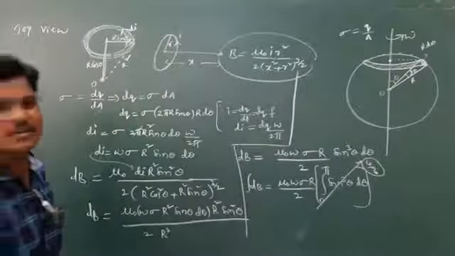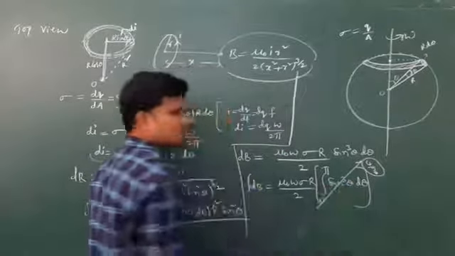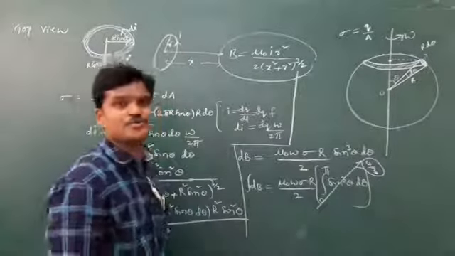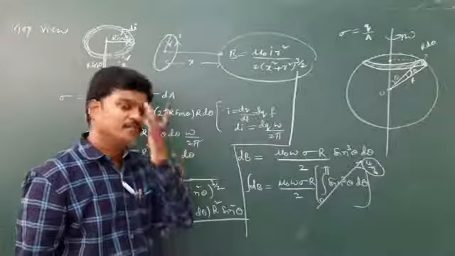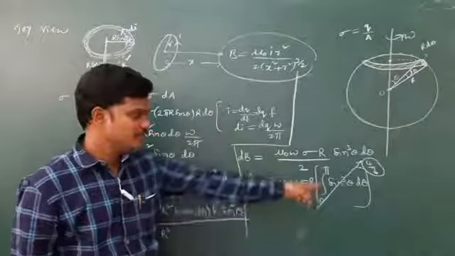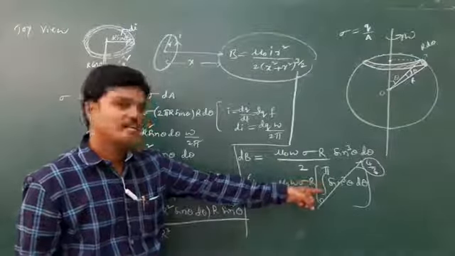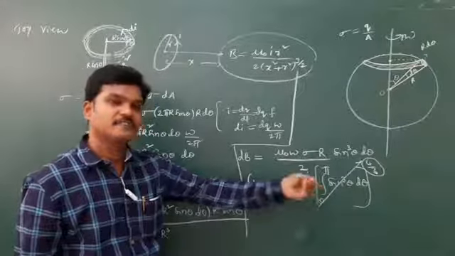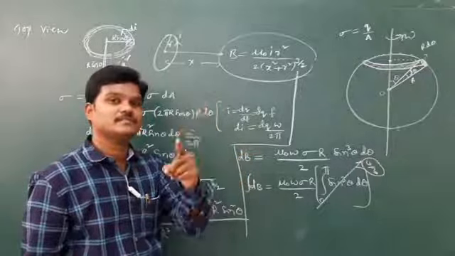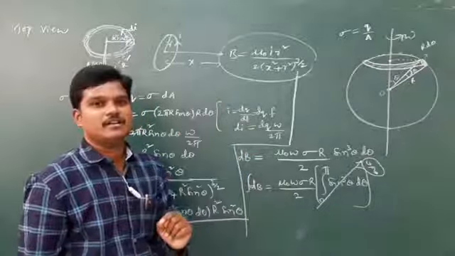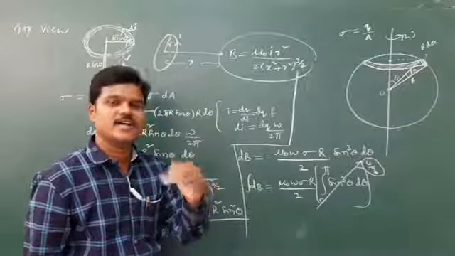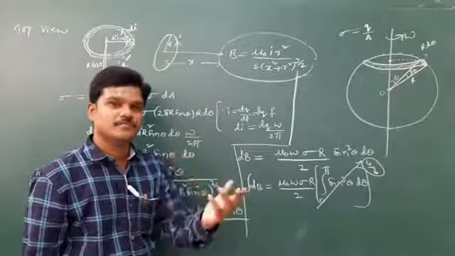That is also possible; sin cube theta d theta you can do with some substitution method. What is sin cube theta? We can write it as sin theta and sin square theta. What is sin square theta? 1 minus cos square theta. Take cos theta as t, and apply the derivative.